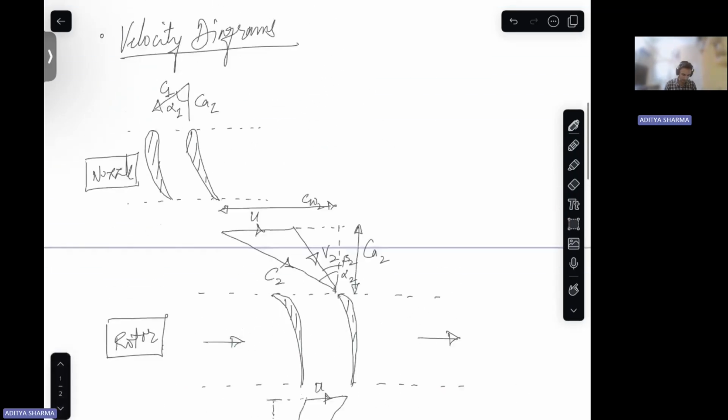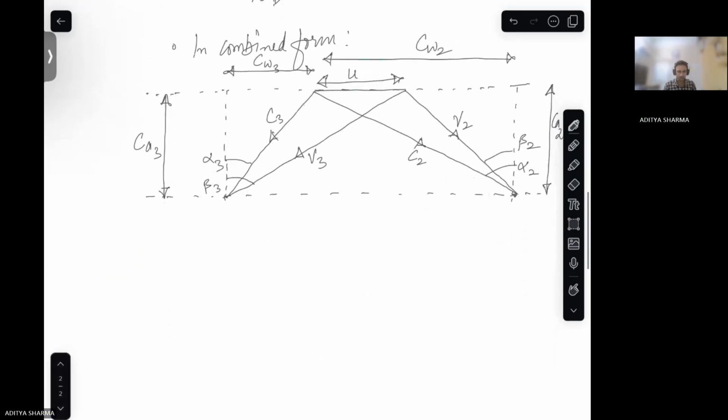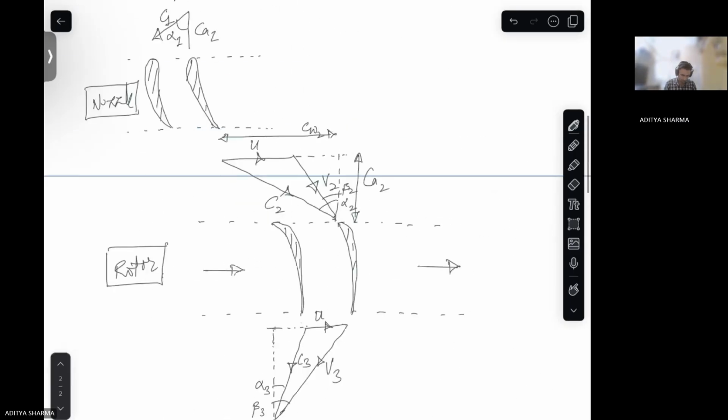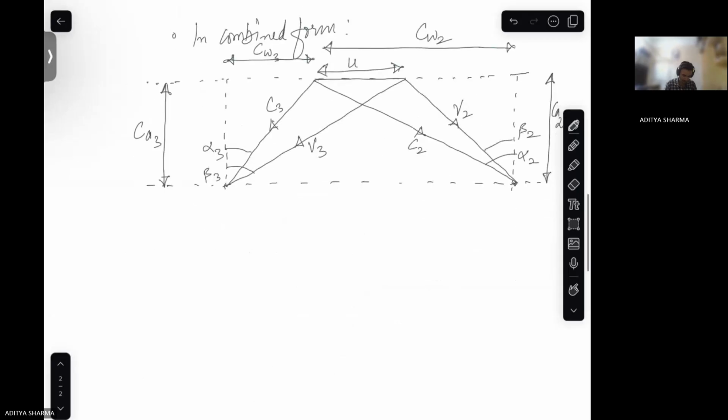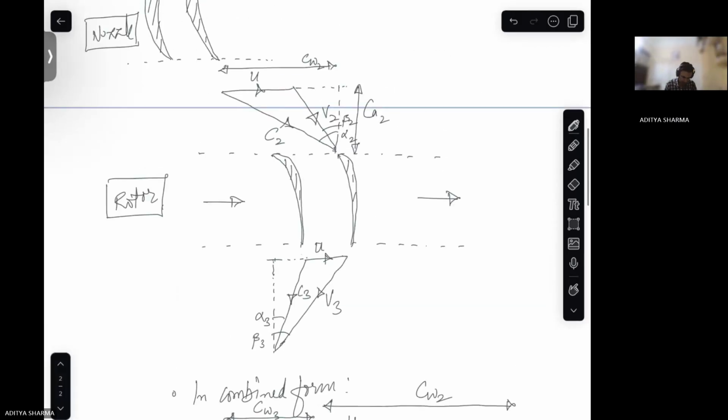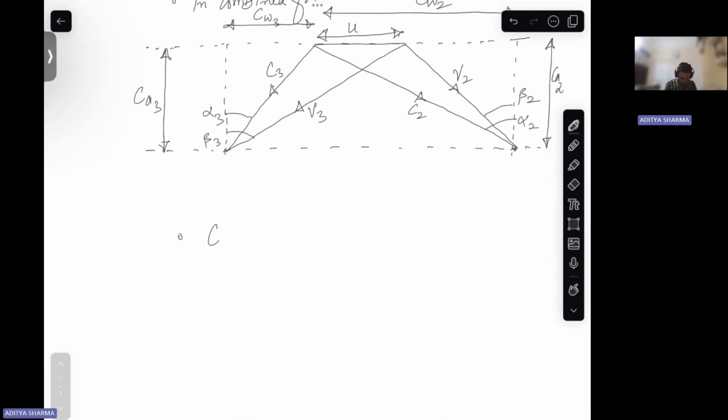Then from velocity diagrams only, what we will see first is that your axial velocities, we assume that they remain same, right? So we say CA2 is equal to CA3 is equal to C. Okay. Right? Then from trigonometry, right?